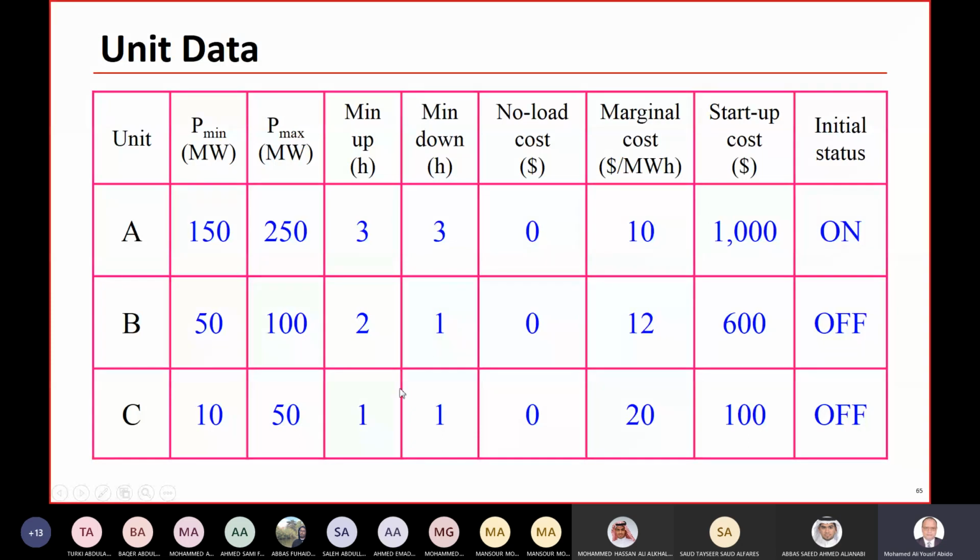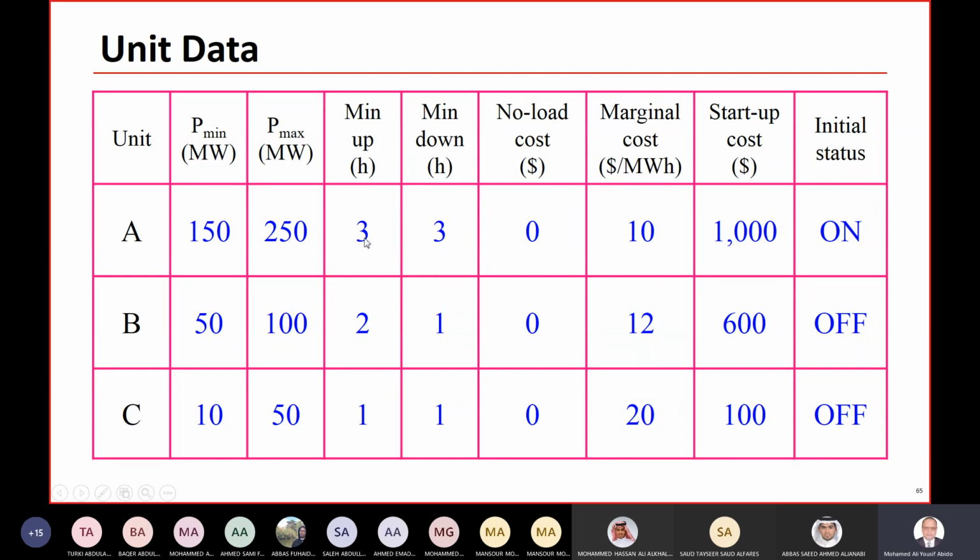In this example, you have 3 units, A, B, C, and these are the limits of each unit, P minimum, P maximum. You also have other unit commitment constraints: minimum startup and minimum shutdown. If you start up unit A, you have to keep it on for 3 periods.